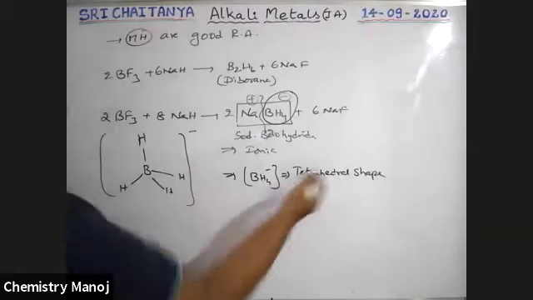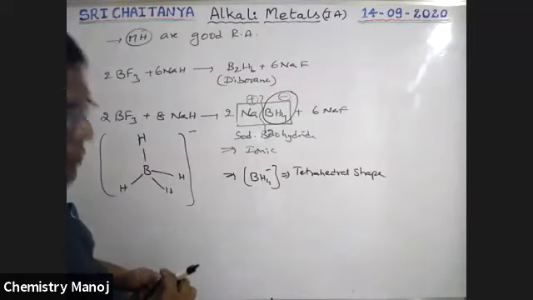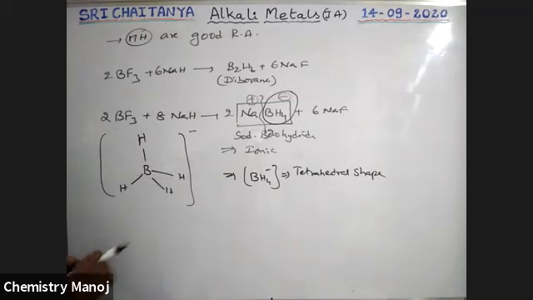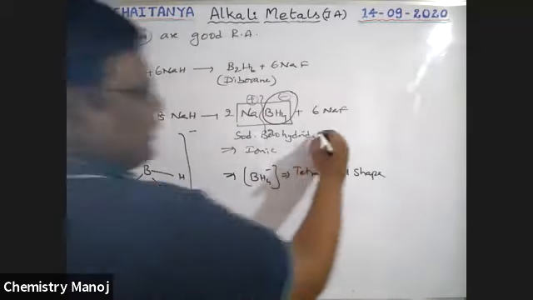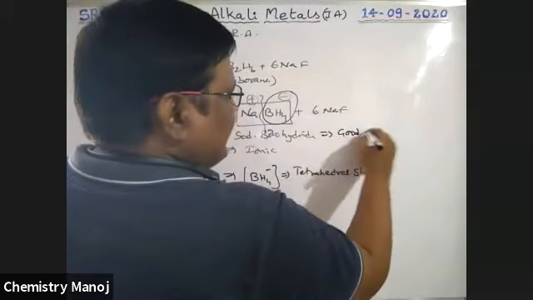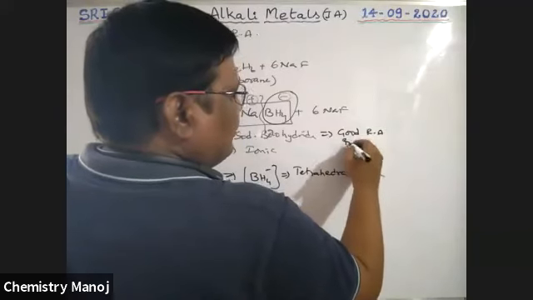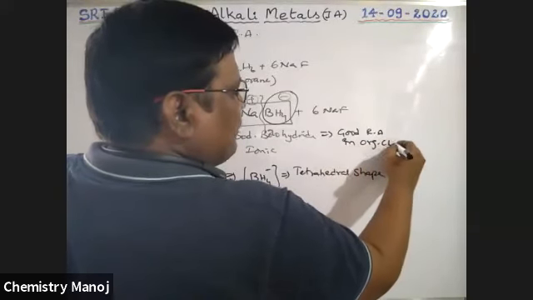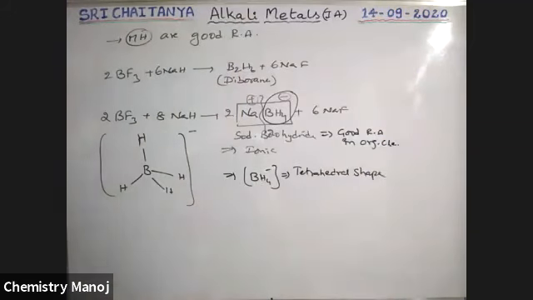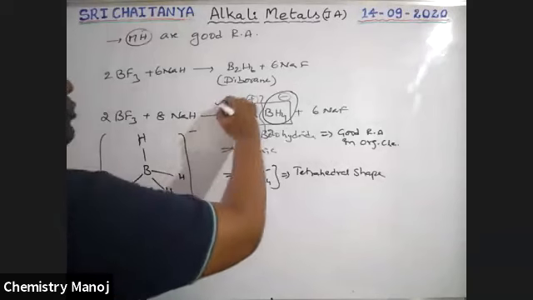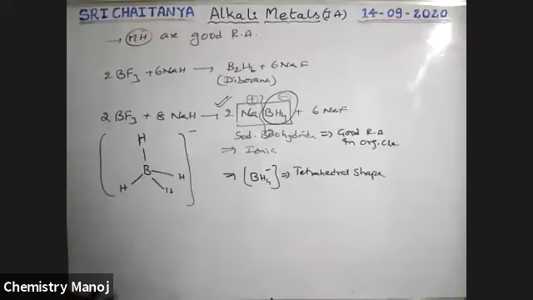So it has a tetrahedral shape. NaBH4 is an ionic compound. It is a good reducing agent in organic chemistry, boys. When BF3 reacts, it is the most important product.